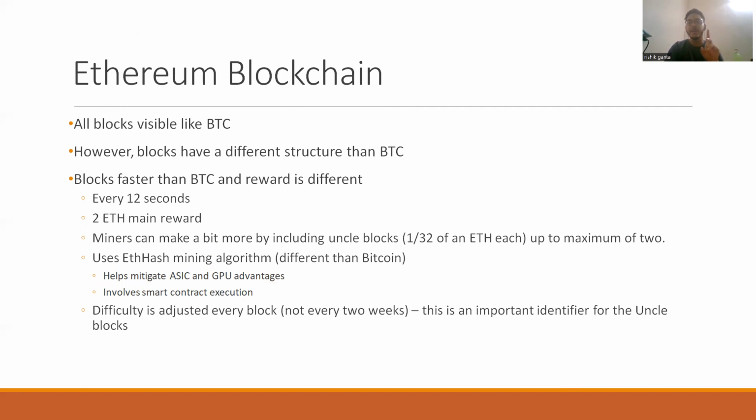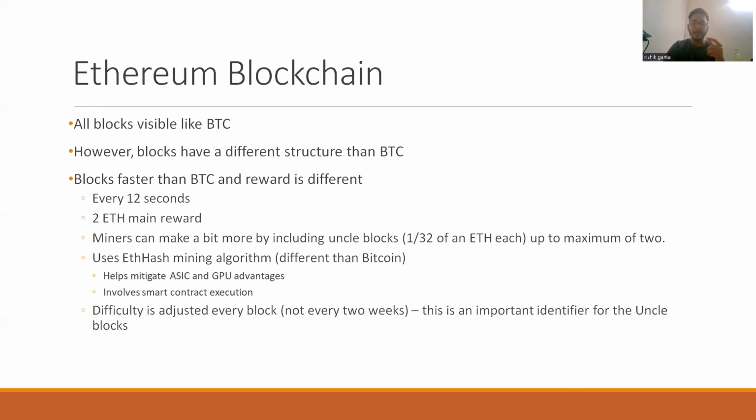One block in Ethereum can be generated or proposed every 12 seconds, whereas in Bitcoin it takes around 10 to 12 minutes. The main reward for proposing a block is 2 Ether currently. Miners can make a bit more money by including uncle blocks, which are worth 1/30th of the Ether value, and they can include a maximum of 2 uncle blocks per block.